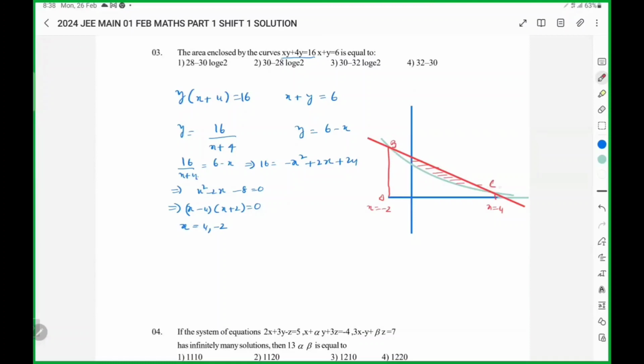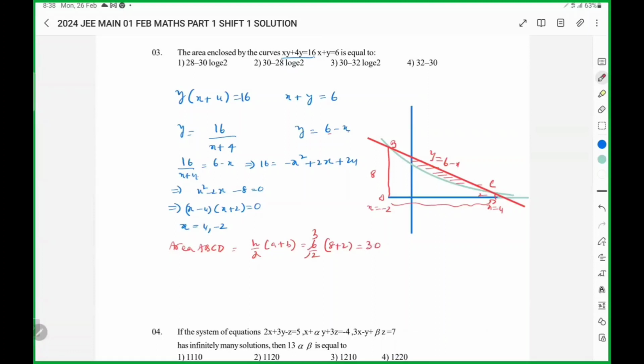The area of ABCD is the area under the line. So directly it is a trapezium, area h by 2 into the sum of parallel sides. Wherever you can avoid integration, avoid it, just by calculating the distance between parallel lines. At x is minus 2, it will be 8. At x is 4, 6 minus 4, 2. Sum of parallel sides is 10, so the area is 30.